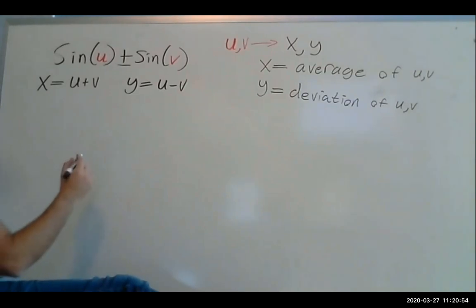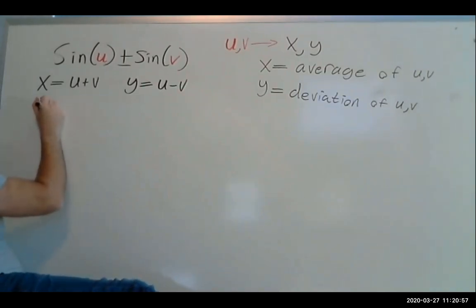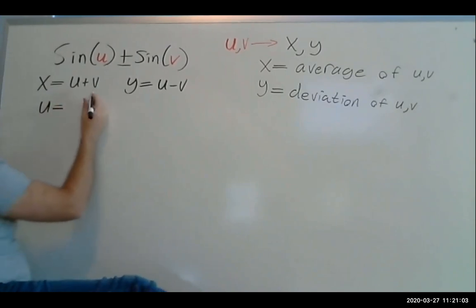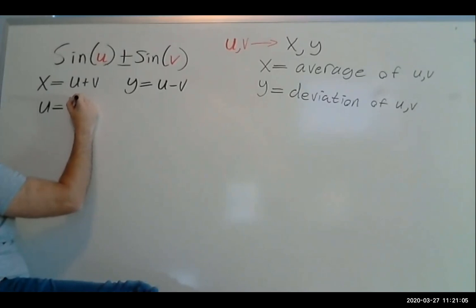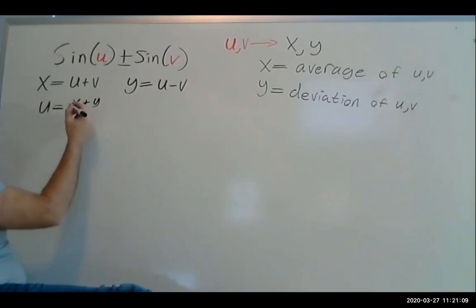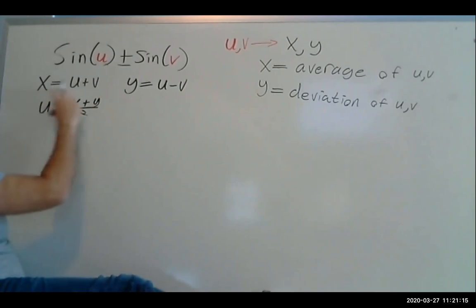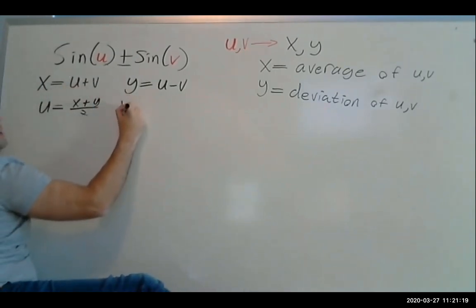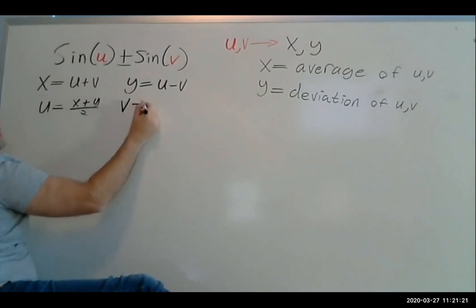Sorry, let's go the other way. What does U equal? If you put it into this, it becomes X plus Y over 2. If you solve these two things for U and for V, you get back that relationship.